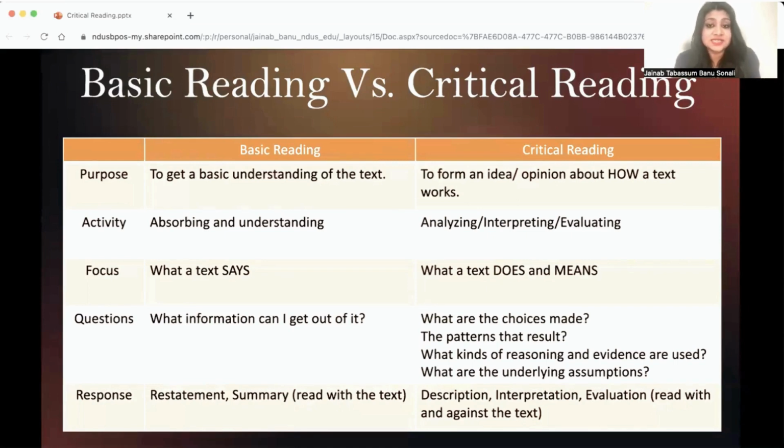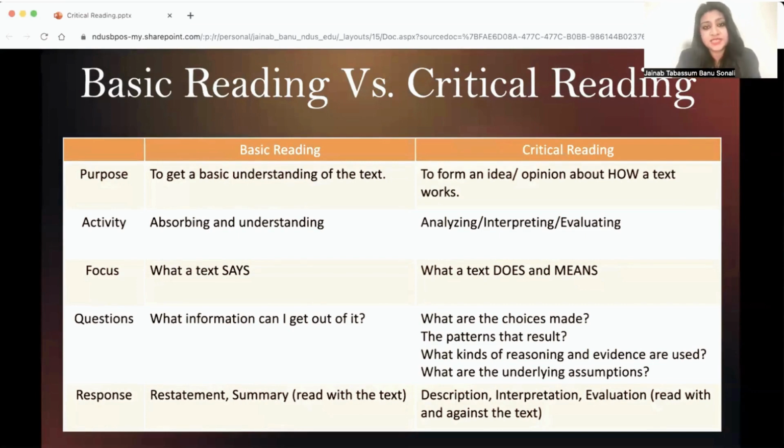So when you are reading a text critically, you are developing an idea and understanding how the text is actually working, not just understanding the basic concept of the text or what the text is saying, but also understanding how the text is working, how the text is meaning something. That is critical reading.